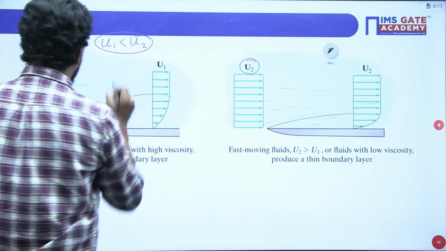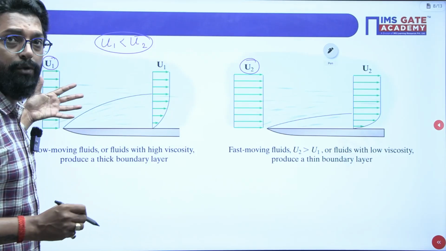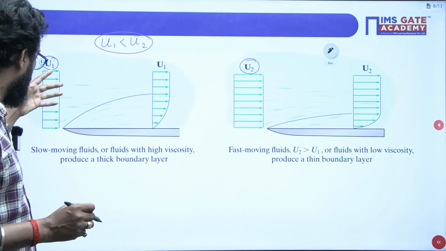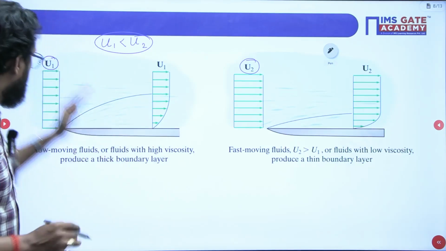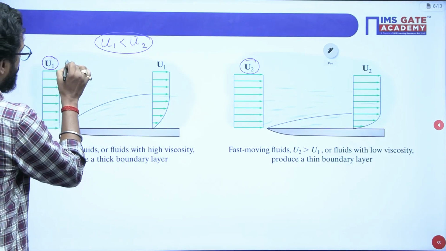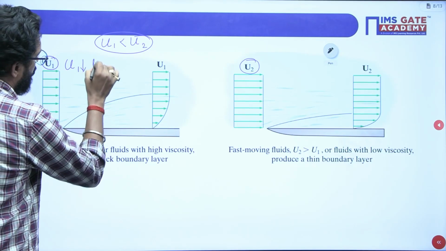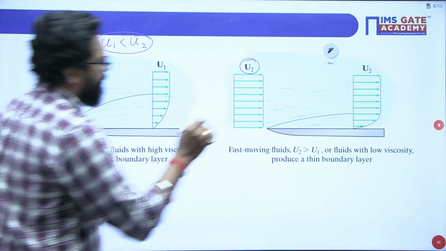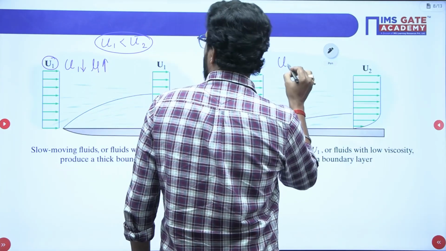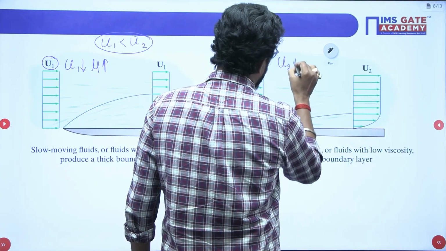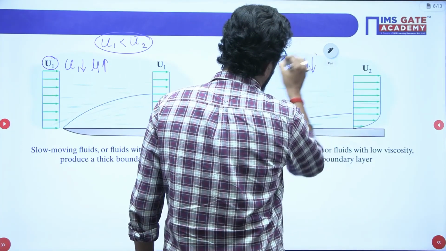That means in one case the fluid moves very fast, and in the other case very slow. A slow moving fluid or a fluid of high viscosity are both of the same nature. Slow moving means velocity is low and viscosity is high. Velocity is high means viscosity is low.